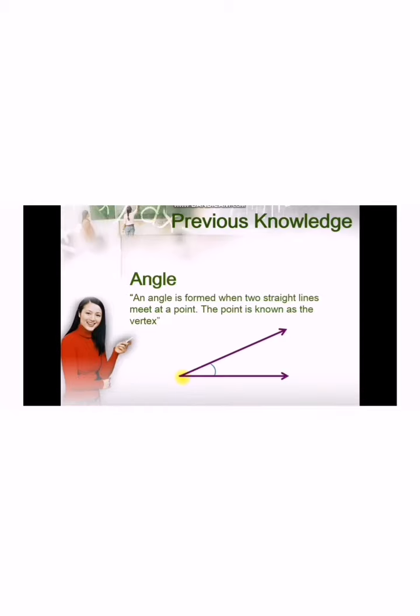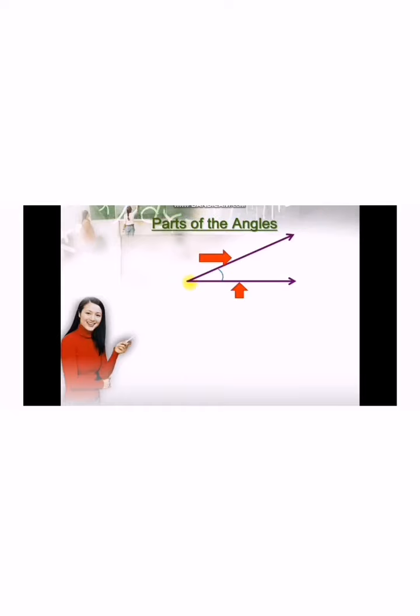The point is known as the vertex. We have these two straight lines, and at the yellow part these two straight lines meet. This point is called the vertex, and these two rays are known as the arms of an angle.